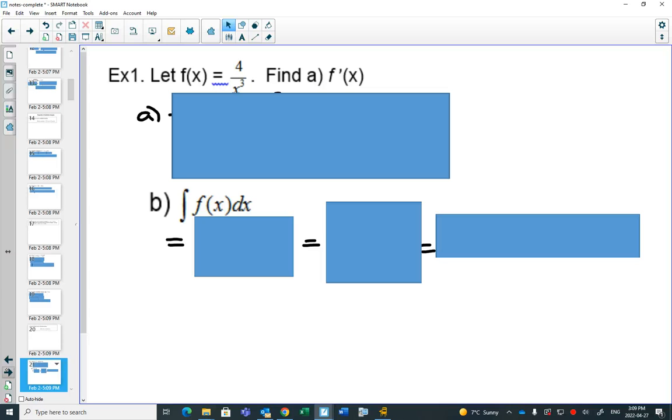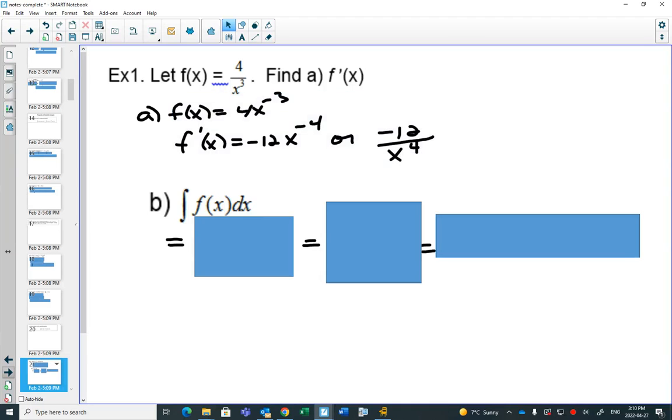And so your brain's going to want to play tricks on you. So first of all, I probably change my f of x to 4x to the minus 3. And then in the derivative rule, bring the number out in front and subtract 1. So we get negative 12x to the negative 4.